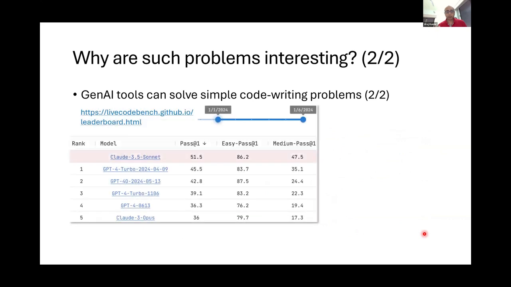There's a very nice project called LiveCodeBench, which maintains a repository of recent coding contest problems. You can control the slider to make sure that you're looking at problems that are well past the training dates for some of these large language models. Many of these coding contests categorize their problems as easy, medium, hard.